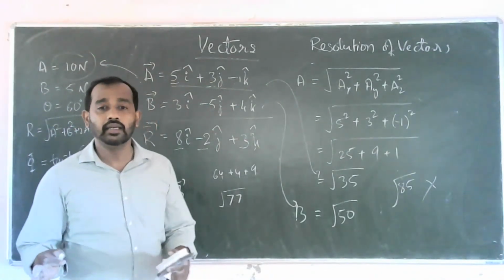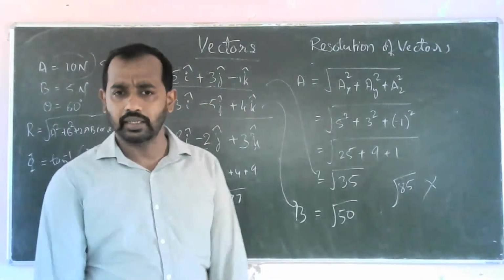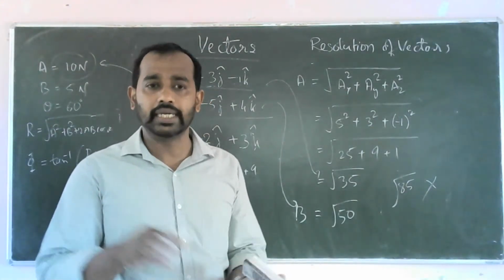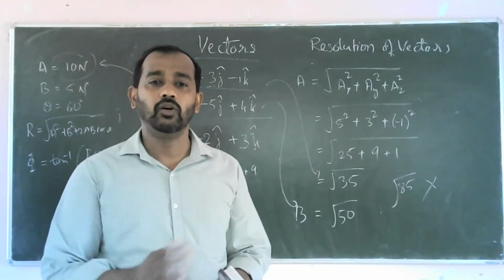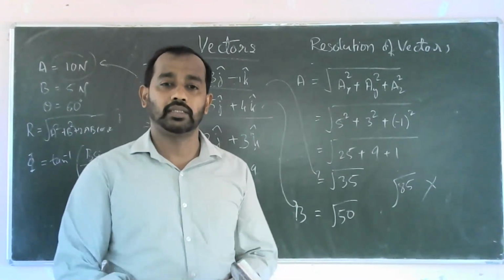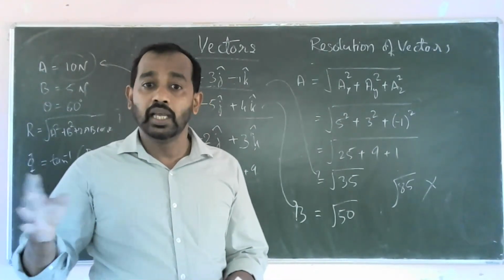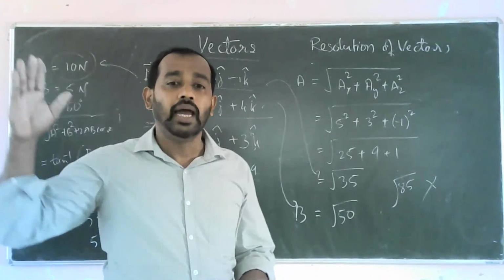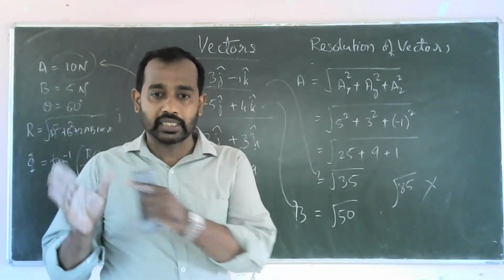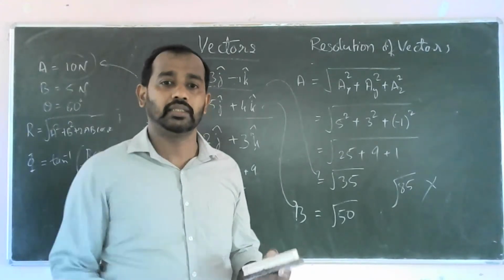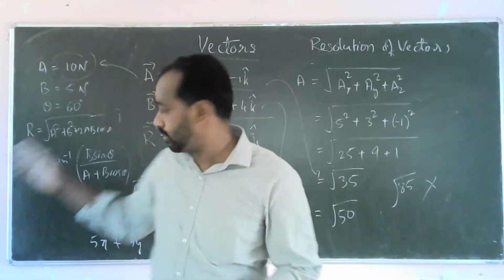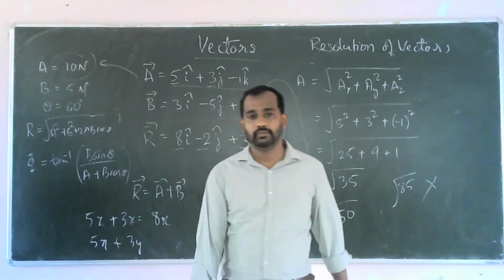In vectors, we cannot add magnitudes directly. We have to consider the direction also. I hope you have understood both the methods. Mathematical methods: if only magnitudes and the angle between the two vectors are given, how do we find the resultant, both its magnitude and direction, using this method.